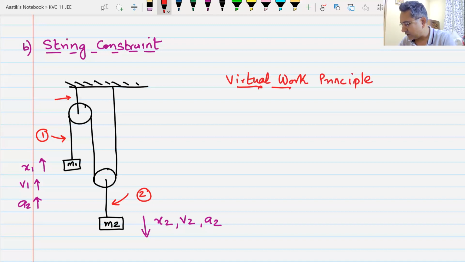And what does this virtual work principle say? Now this tension in the string, if I consider this entire system as one, these 2 blocks and this pulley, this tension is an internal force. Do you understand this?